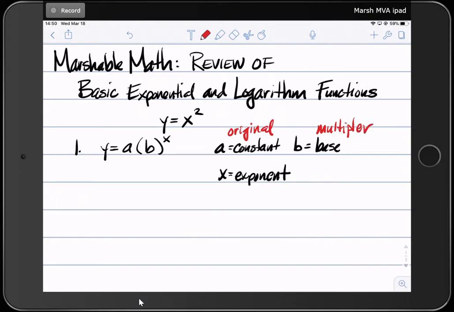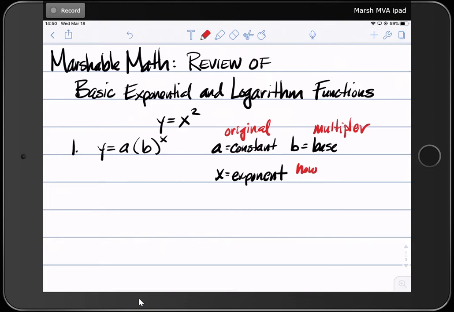You're going to be multiplying the original value by some factor, some multiple. And you're going to be doing it repeatedly because that's what exponentiation is. It's repeated multiplication. And so the exponent tells you how many multipliers you're going to use.